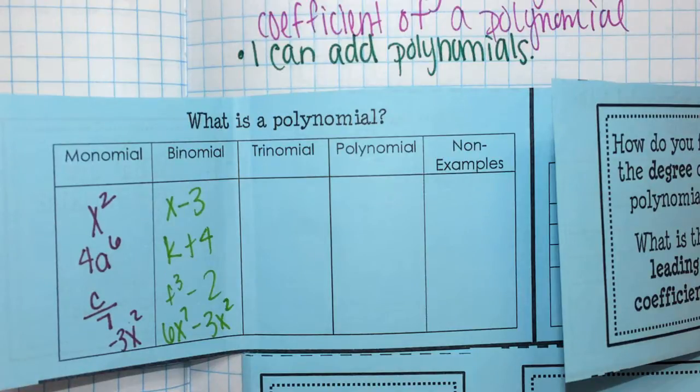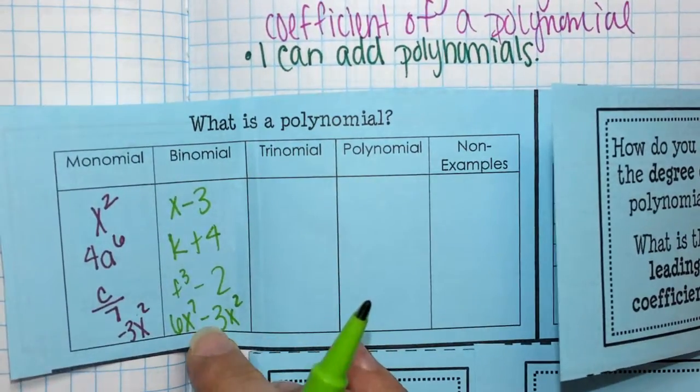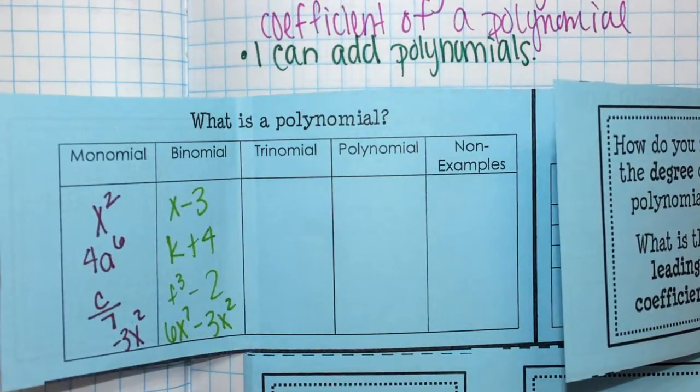Is everybody with me on that? Yes. We don't solve anything on these. This is just a polynomial, while this is a binomial. Now, a trinomial would have 3 different terms.